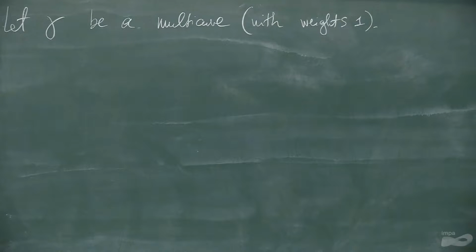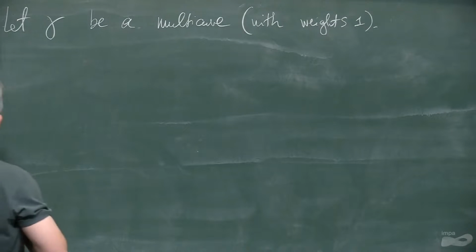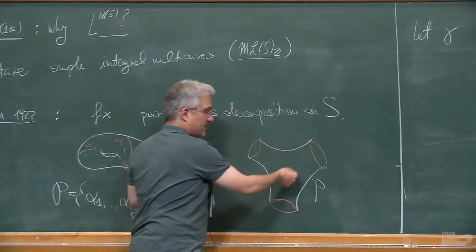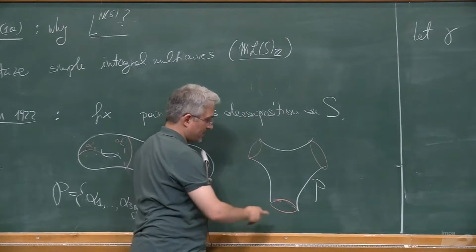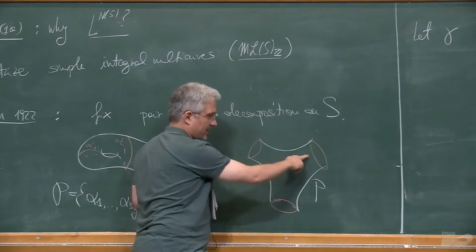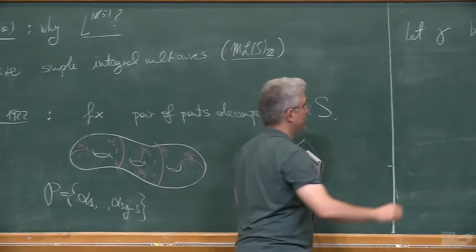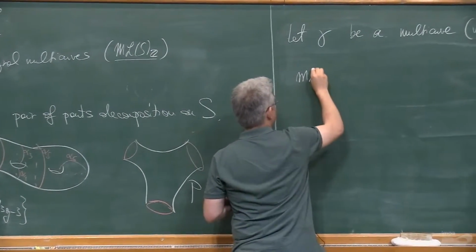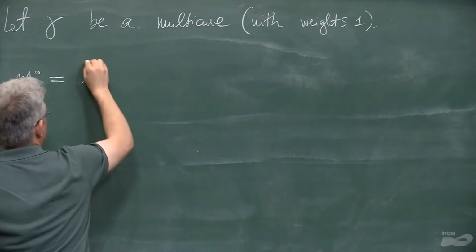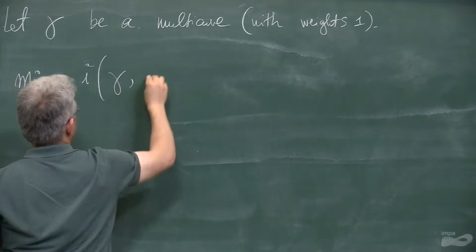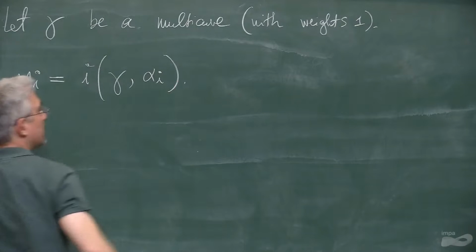So we pick a pair of pants. What do we see? We see some curve that enters and goes out. And so the first information is how it intersects the boundaries. So we define some numbers m_i, which is the geometric intersection of gamma with alpha_i.